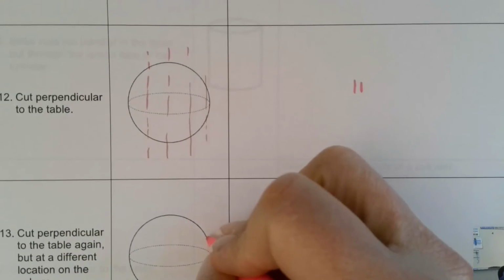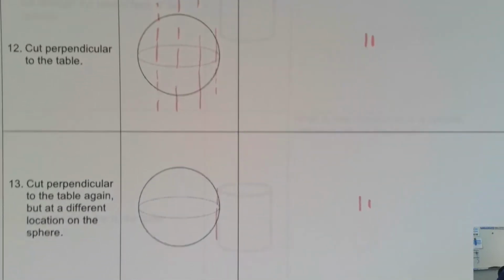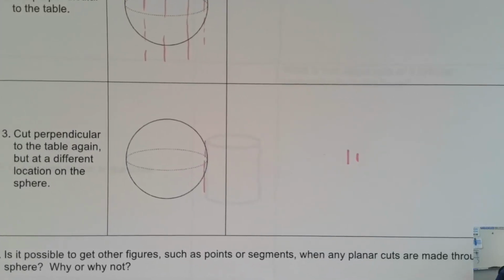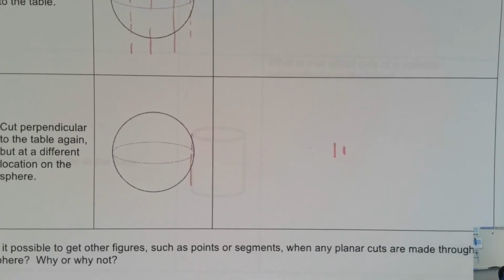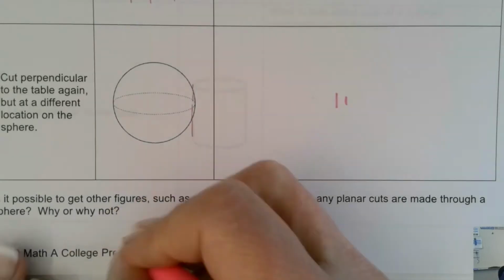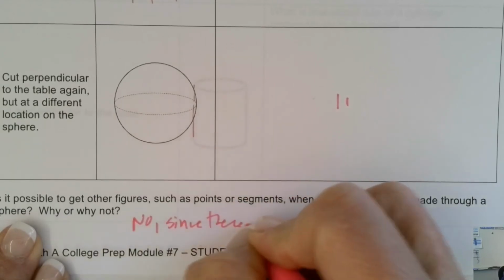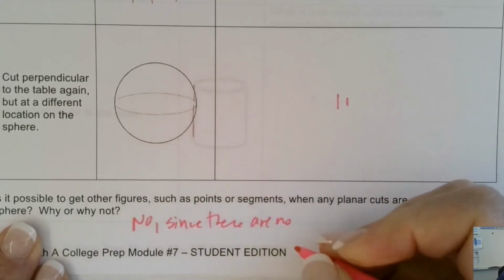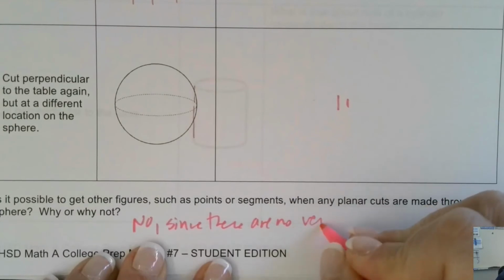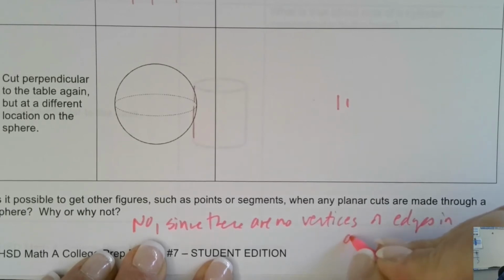So if we get infinitely close here, we would still have that circle. Okay. Is it possible to get other figures such as points or segments when any planar cuts are made through a sphere? Why or why not? No, since there are no vertices or edges in a sphere.